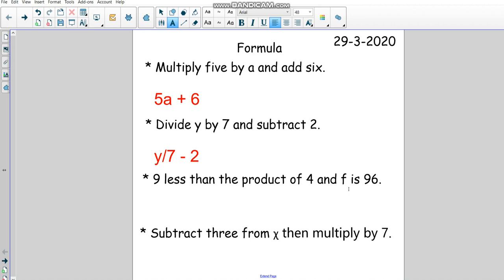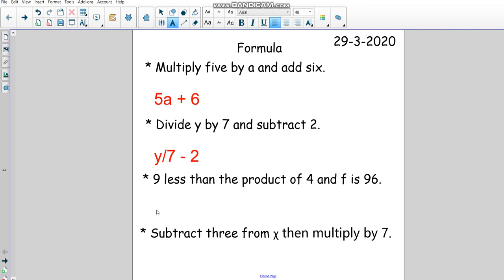Whenever I write is in my expression, it will have to be written as an equal sign. 9 less than the product of 4 and f: 9 is less than, so the 9 will be taken away from the product of 4 and f.